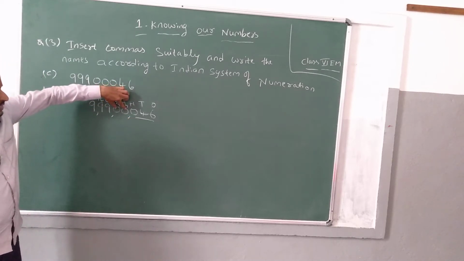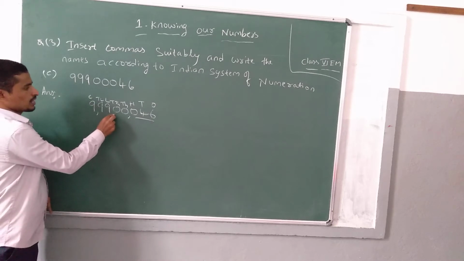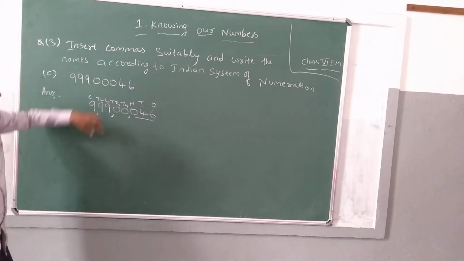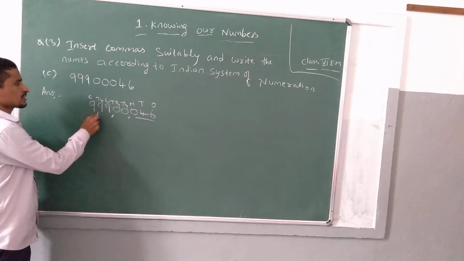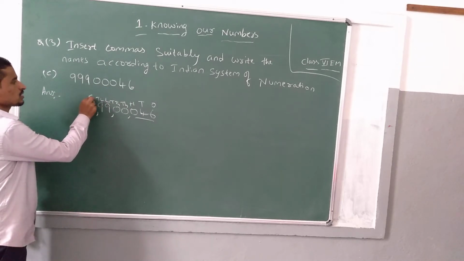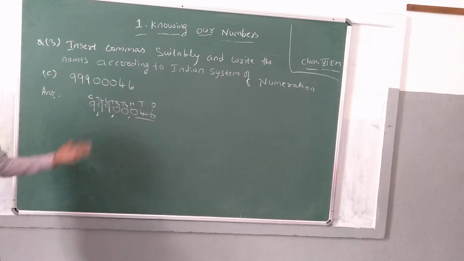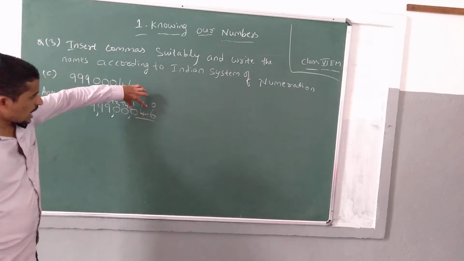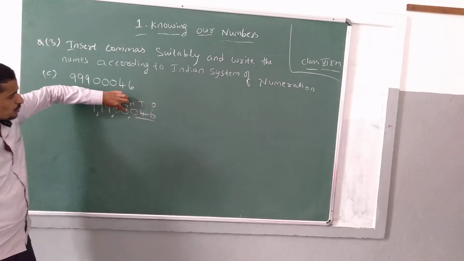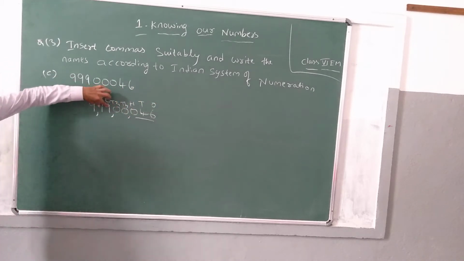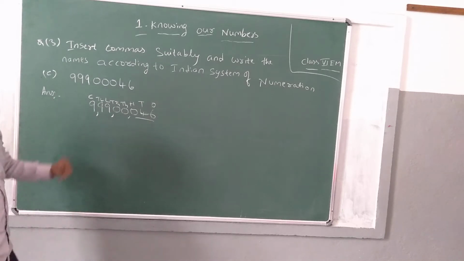Thereafter I separated 1000, I assigned the comma. Next, lakh and 10 lakh, I separated lakhs. I assigned the comma. So this is the crore. Very simple. In other words, last 3 digits you have to leave, put the comma. Thereafter 2 digits you leave, put the comma. Thereafter 2 digits leave, put the comma. And it's very simple.